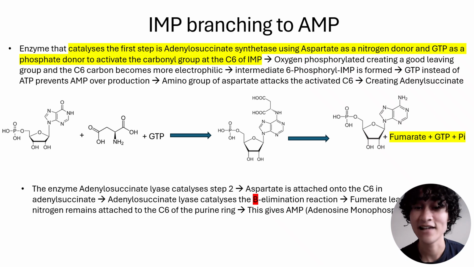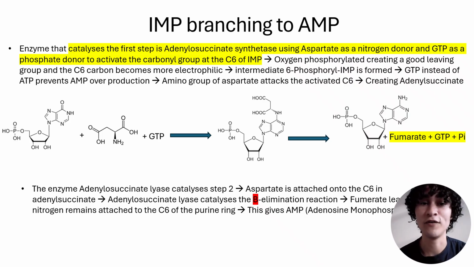So as you know, adenine has that amine group on its 6th carbon, and that amine group was donated by the amino acid aspartate. And I know there's a lot going on in this reaction, but it's essentially one reaction. These steps happen in milliseconds. But this is what's happening when you break it down mechanistically.